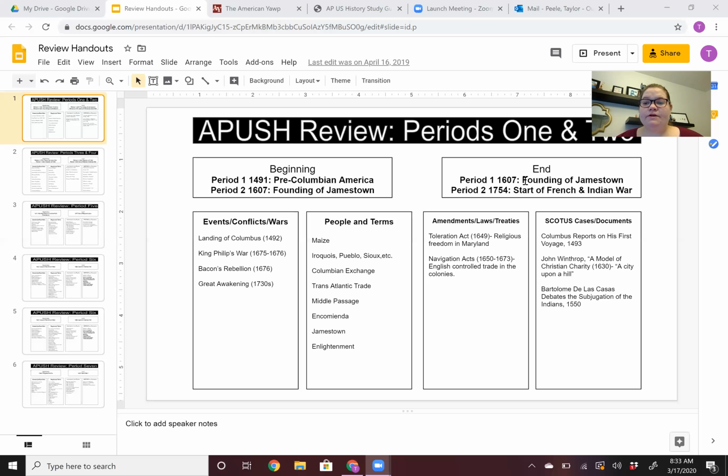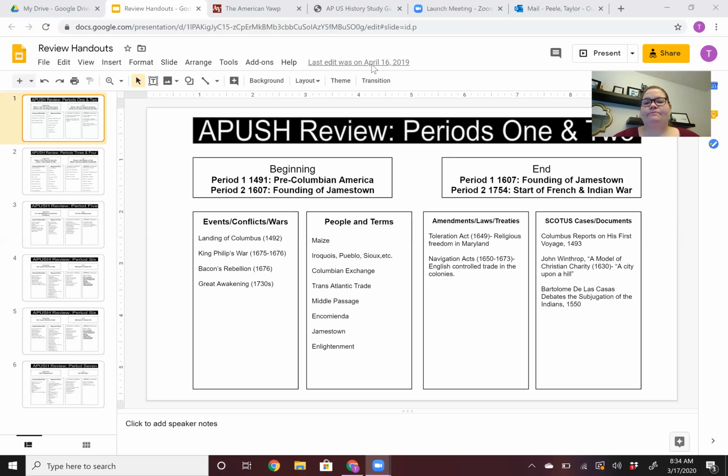Then period 2 goes from that point until 1754 and the French and Indian War, which again, so kindly they rhyme for us. The French and Indian War, 1754. And we all know that that conflict builds the tension that leads to the American Revolution, which is why we care.